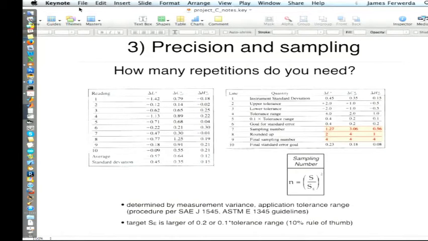So the data going into this whole process is a set of measurements of the difference between the standard and the sample. You see here there are 10 different measurements, and the measures are delta L, the difference in lightness, the difference in chroma, and the difference in hue angle. So these are all difference measurements.